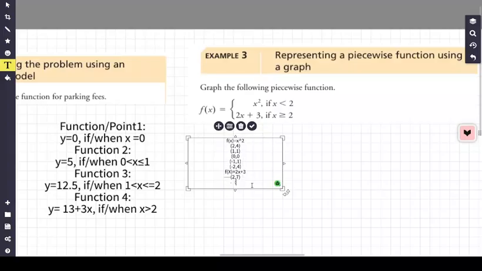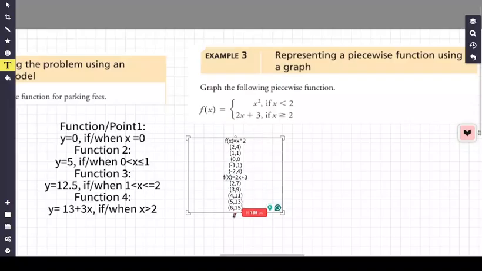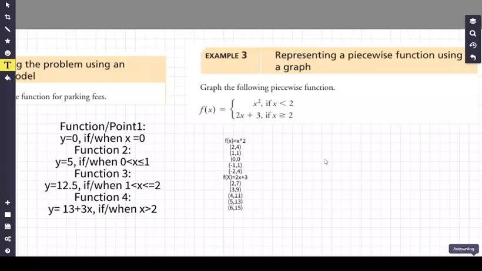What am I doing? 3, 9, 4, 11, 5, 13, and 6, 15. So we have all of these. And with these points, you should be able to go ahead and graph it, and you should be able to connect these dots to have a general shape. So I'll give you a few seconds to connect it.